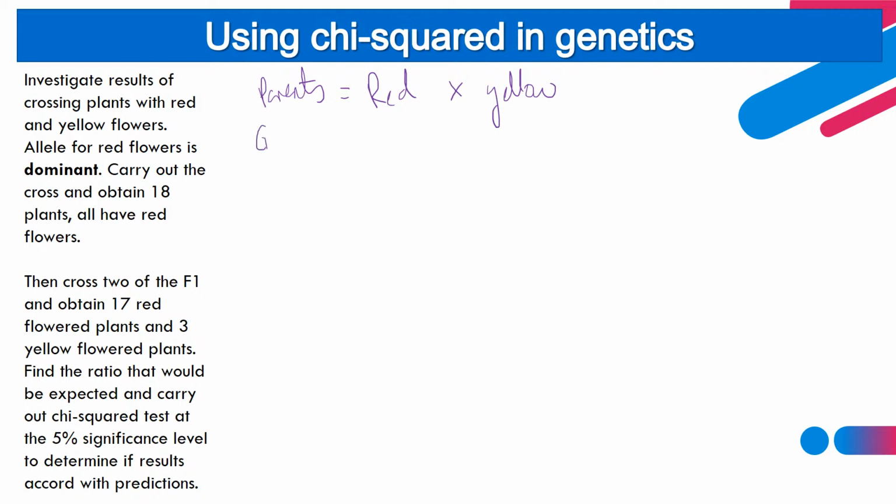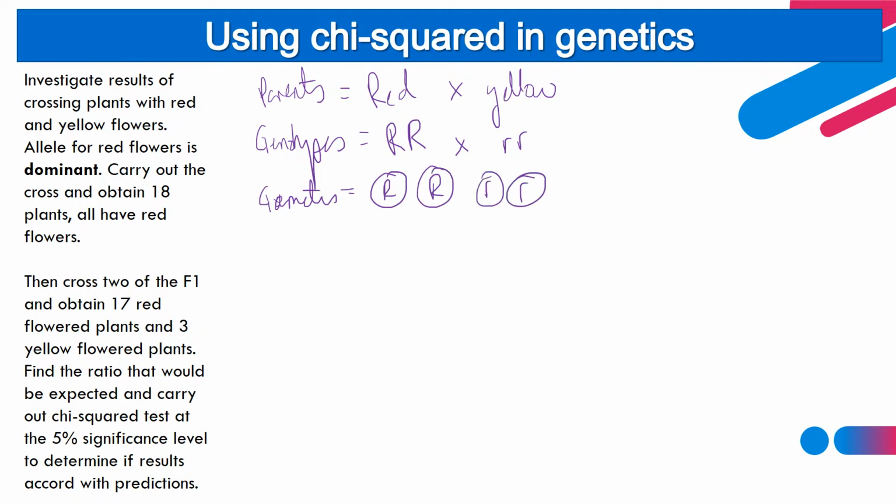Now in terms of their genotypes, we need to go and have our red parent as dominant homozygous and our yellow is our homozygous recessive. Their gametes, sorry, are going to be R, both dominant, and then we have r recessive. Then we need to go and think about our Punnett square.